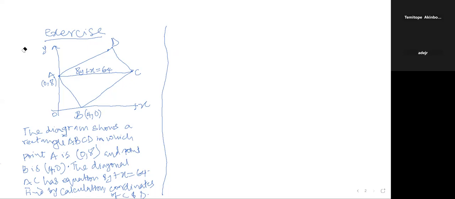One of them is that it has two pairs of parallel sides. So sides AB is parallel to CD.